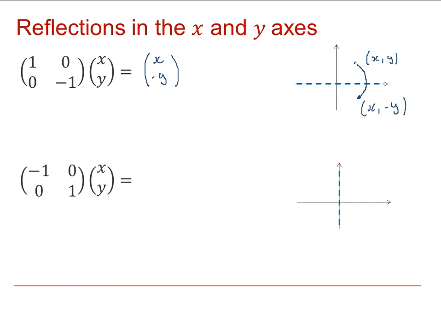In a similar fashion, for the reflection in the y-axis, the x value becomes negative and the y value stays the same, so that a point here which was at (x, y) is transformed over to here so that it is (-x, y).